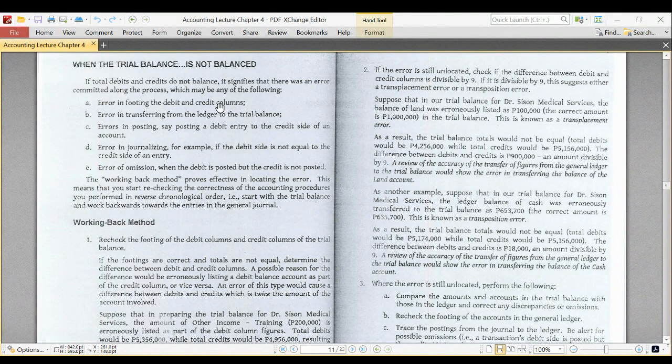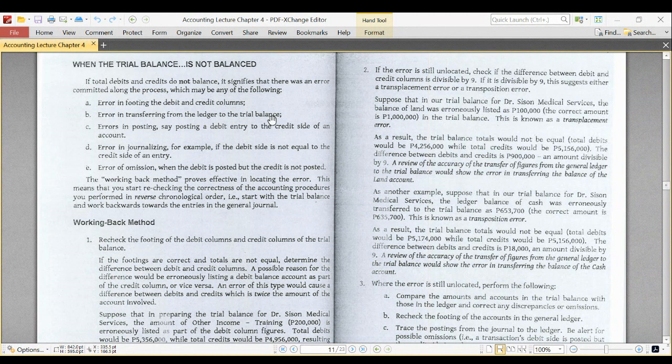So, once na nagkaroon ng error, you repeat the computation. You add again. Baka naman namilit mata ka lang. Or, kung inulit mo, hindi pa rin sila balance, there might be an error in transferring from the ledger to the trial balance. Baka naman, meron kang hindi nasama from the ledger to the trial balance. So, check pa din.